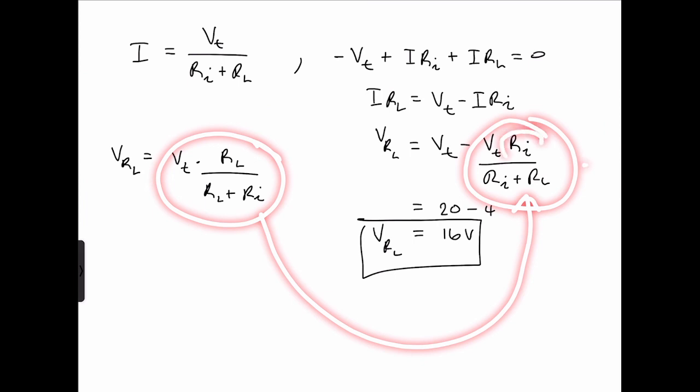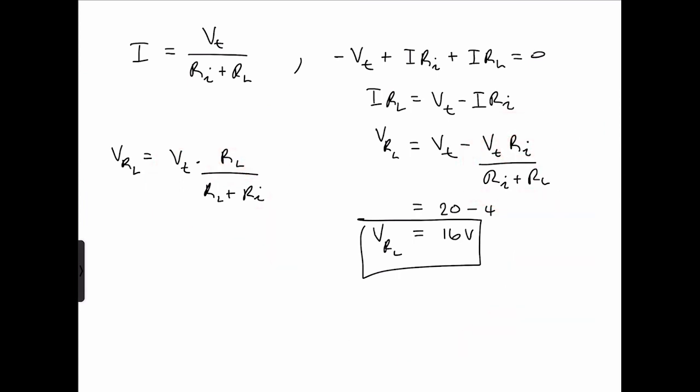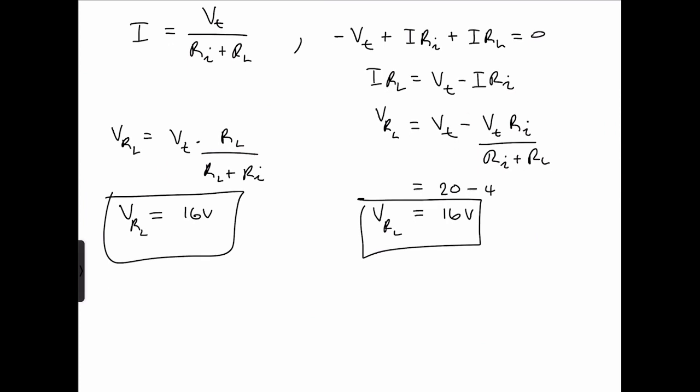However, the target resistor there is the internal resistance, and over here the target resistor is the load resistor. The target resistor is the resistor that we want to find the voltage drop across. So then again, we see that this evaluates to 16 volts, using both methods.